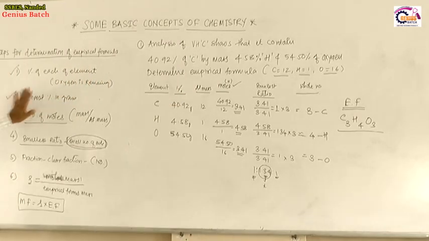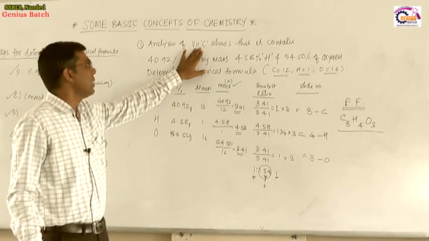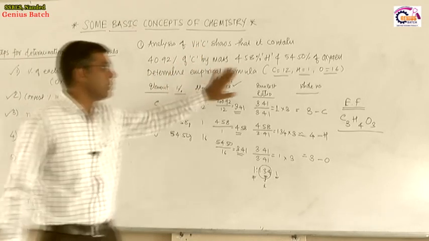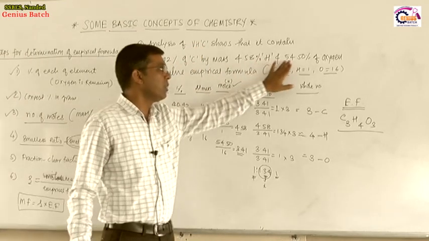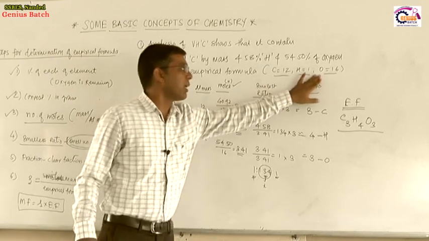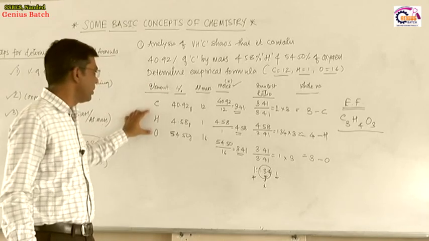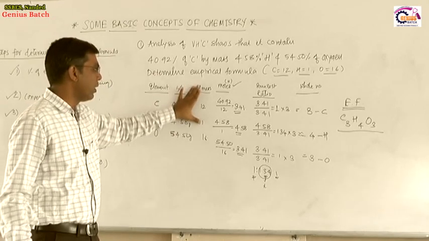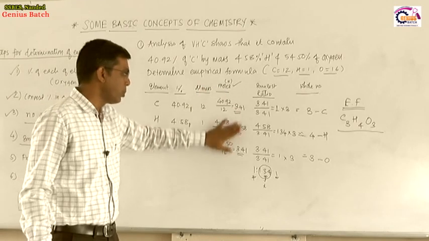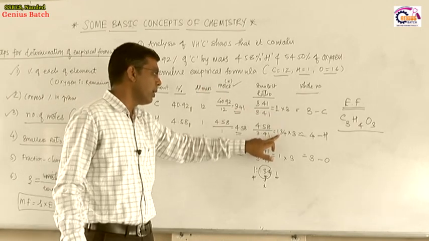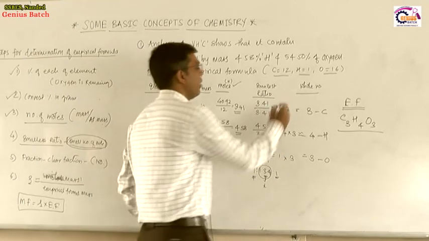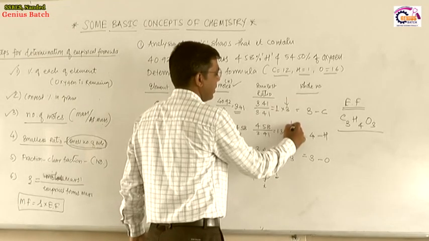So how is it calculated? Vitamin C analysis is given. It contains 40.92% of carbon, 4.58 of hydrogen, 54.50 of oxygen. Atomic weights are given, the element, percentage, atomic mass, number of moles, divide by smallest number of moles, 1, 1.3, 1, multiplied by a suitable factor, we get that factor as 3.